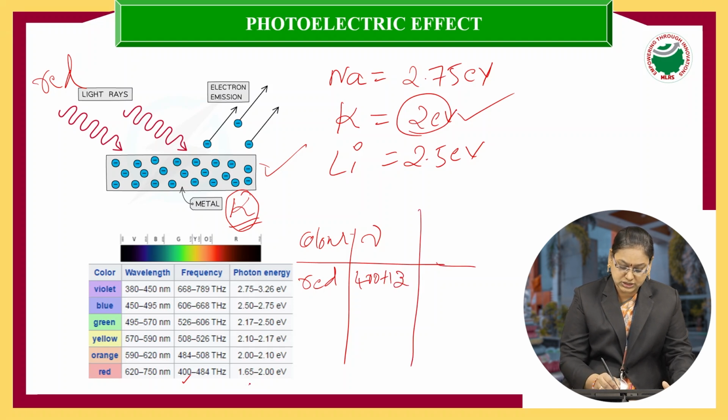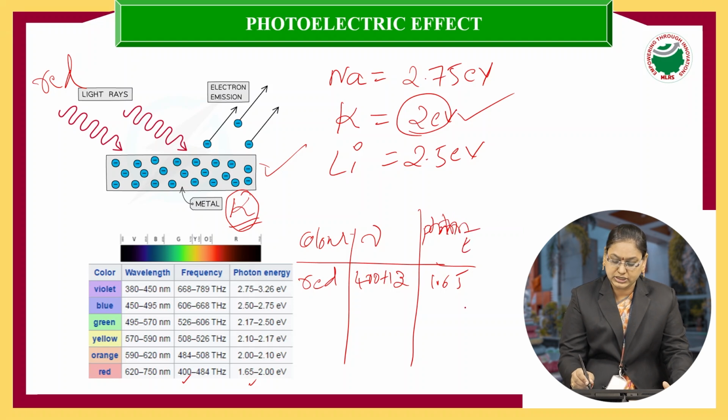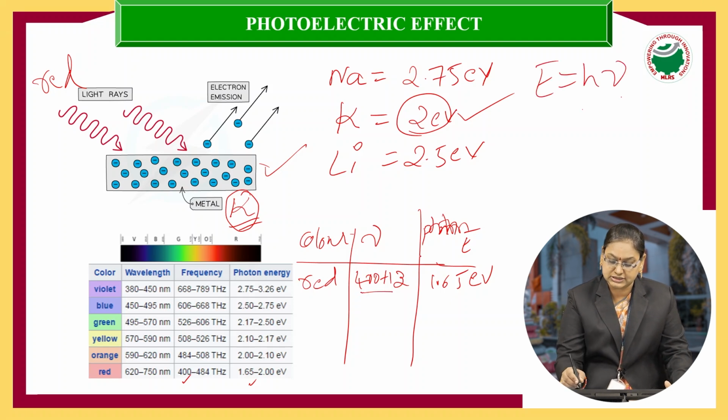The photon energy is 1.65 electron volts. How do you get the photon energy? We know E is equal to h nu. h is Planck's constant, and nu is 400 Hertz here. When you multiply these two, you get the energy of the photon. E is equal to h nu.